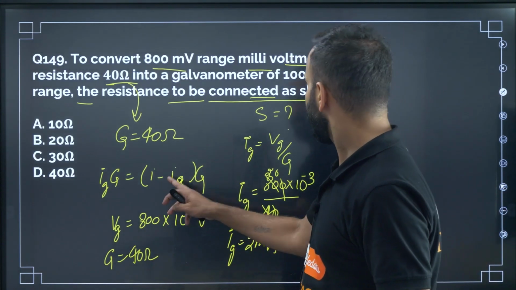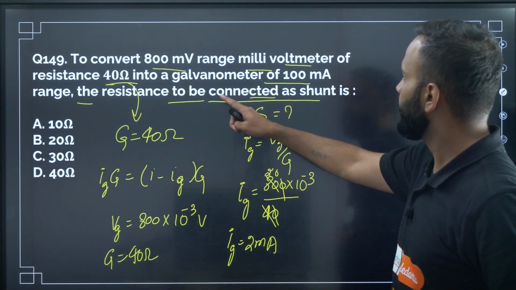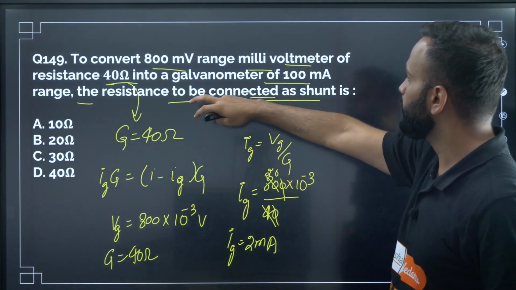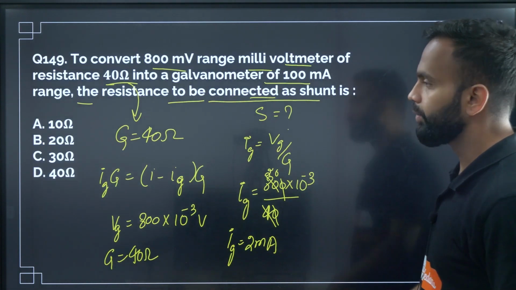And I is 100 milliampere, right? We need to convert the 800 millivolt millivoltmeter of resistance 40 ohm into a galvanometer of 100 milliampere range.